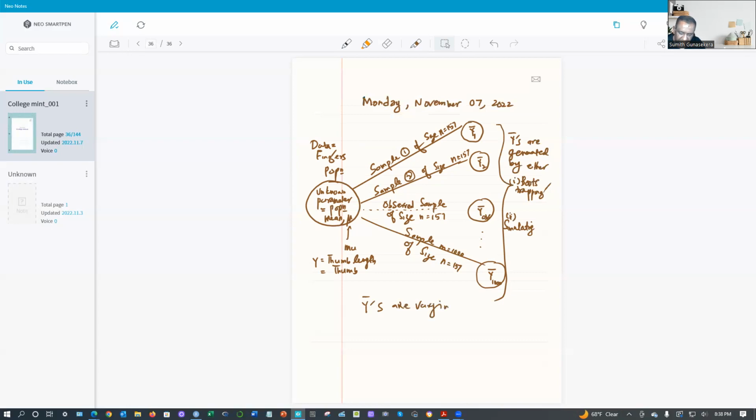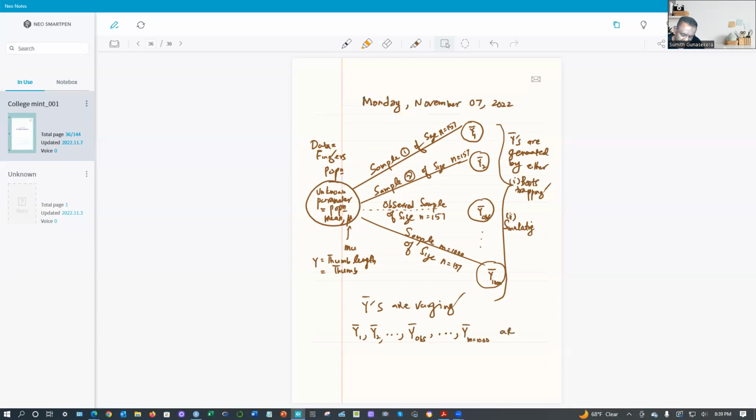They are varying. So you have y bar 1, y bar 2, dot, dot, dot, y bar obs, dot, dot, dot, y bar m equals 1000.